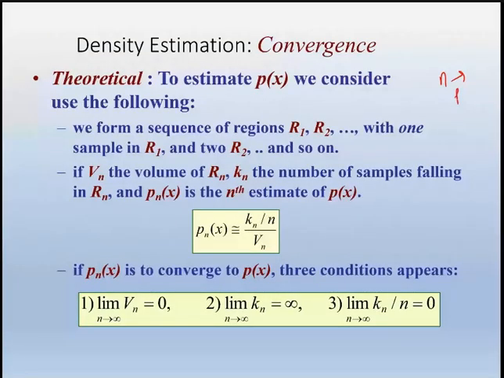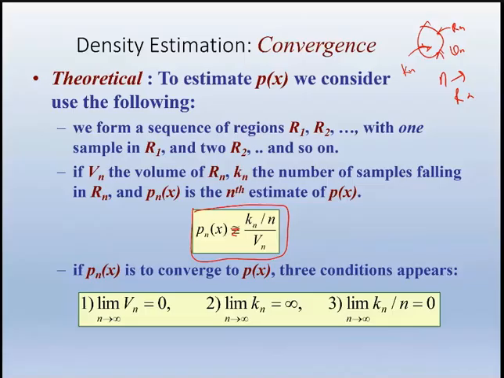If Vn is the volume of Rn, that is the nth region, and Kn is the number of samples falling in this Rn, so I took some region called Rn, there are Kn samples in that, and volume is Vn. Okay. So the estimate of p of x is p_n of x equal to Kn by n V_n. So that we have seen already.